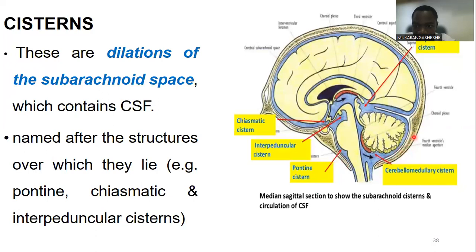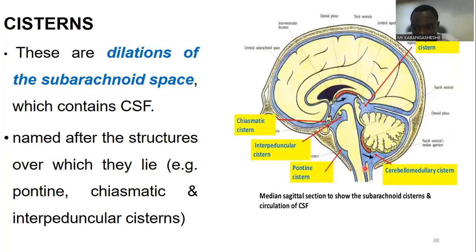Even this is a base, because the occipital bone plus the sphenoid bone and other bones help to form the base of the skull. Now, the base of the skull has a giant opening, where inferior to this opening is the spinal cord, superior to that opening is the medulla oblongata.